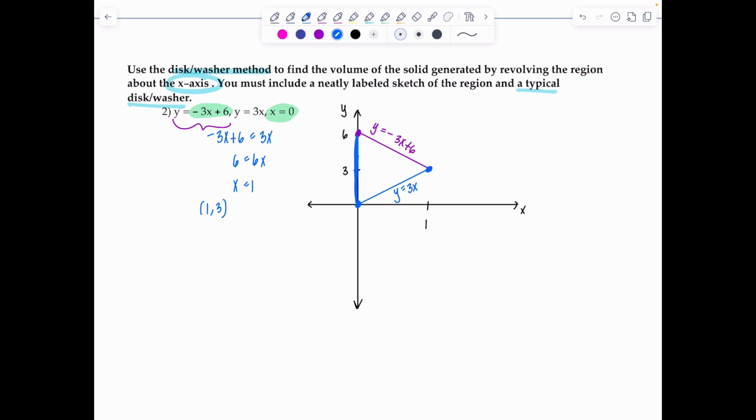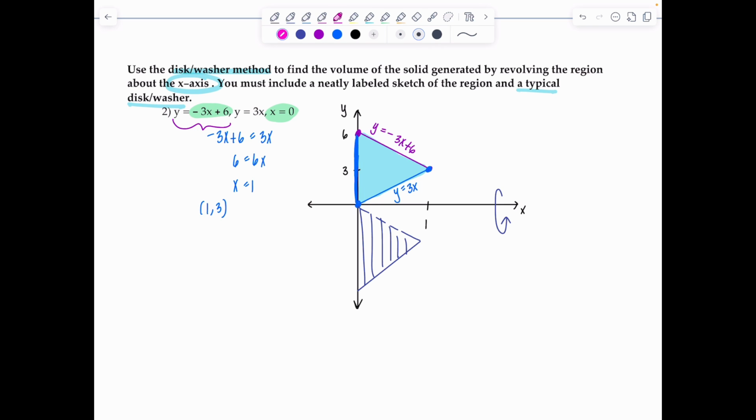Can you see what the region is then that we're spinning? We're spinning this triangular region. And we're spinning it where? About the x-axis. We're spinning it about the x-axis. So when we spin it, it's going to reflect. Okay. And then we're going to draw a typical, in this case, we'll have a washer because there's a hole in the middle.